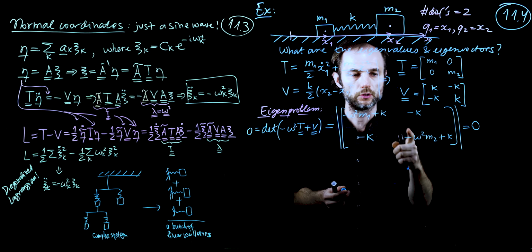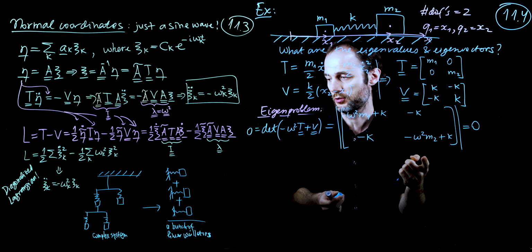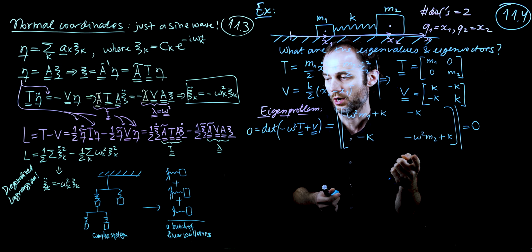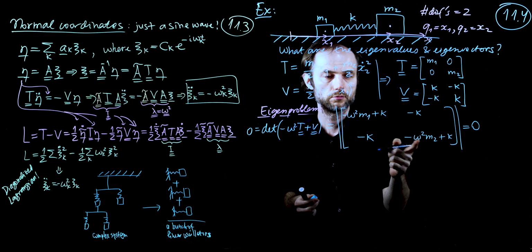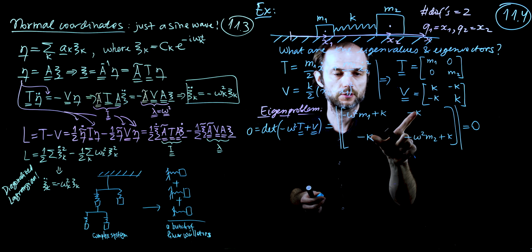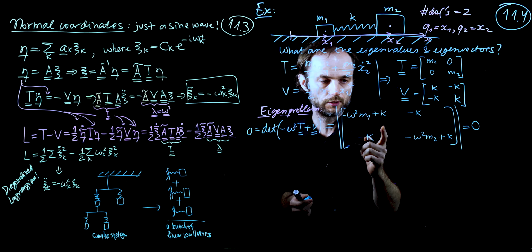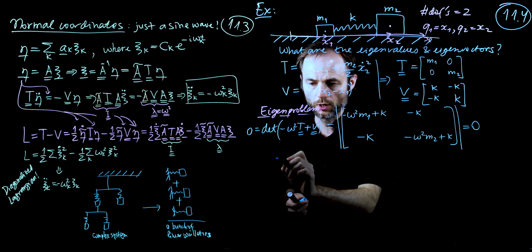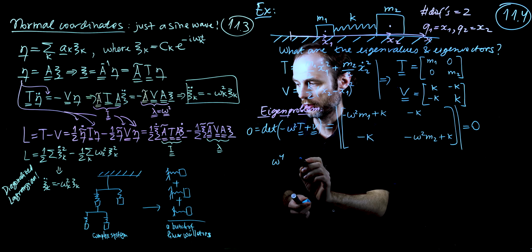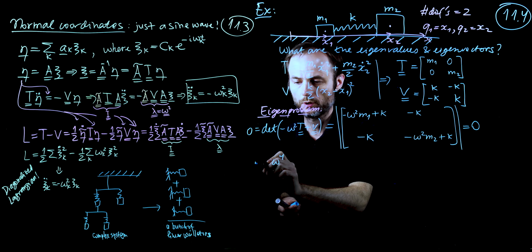Awesome. So let's expand what this determinant is. We will multiply this by that and subtract the product of these two. So it will be omega to the 4th times m1 m2.